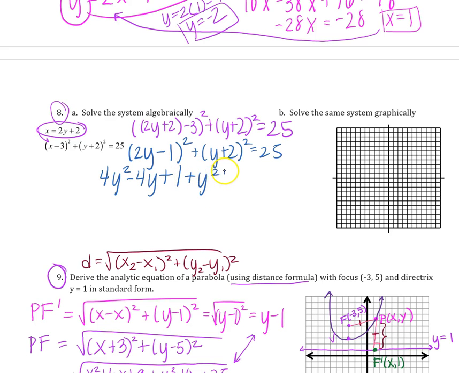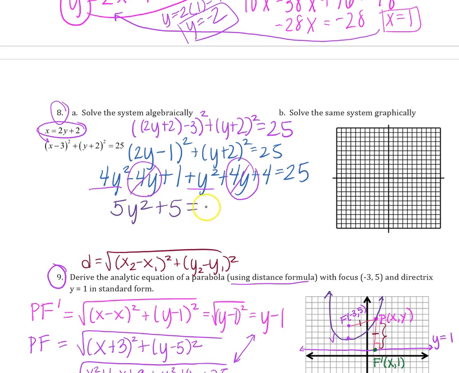Plus, okay, so just like so, combine your like terms. Looks like my 4y's will cancel. So now I have 5y squared plus 5 is equal to 25.